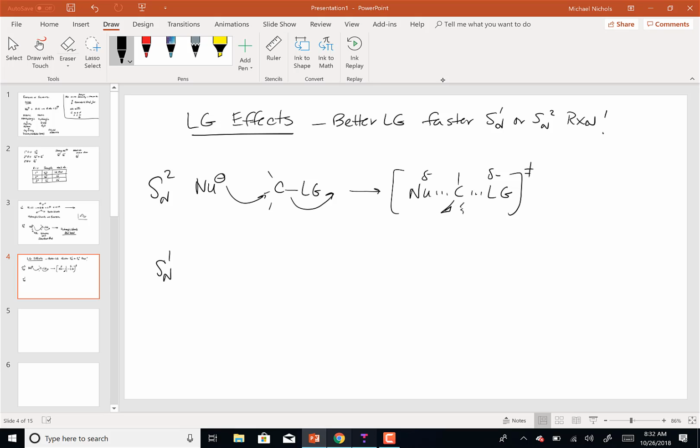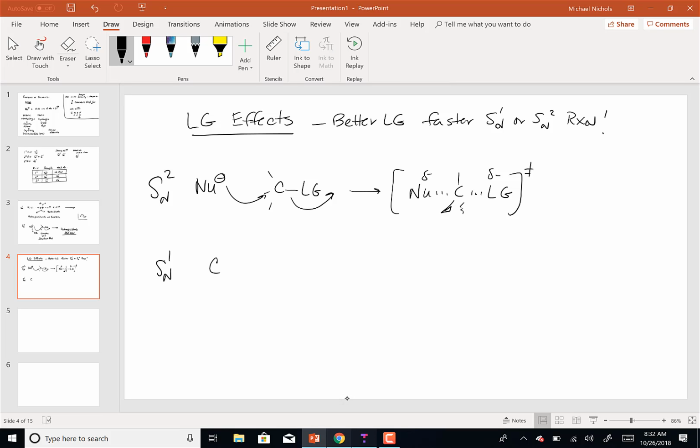I think it would be the rate determining step of SN1. Okay. So is the leaving group in the rate determining step of an SN1 reaction? Yes. So will it affect the rate? Yes. Better leaving group, faster reaction.